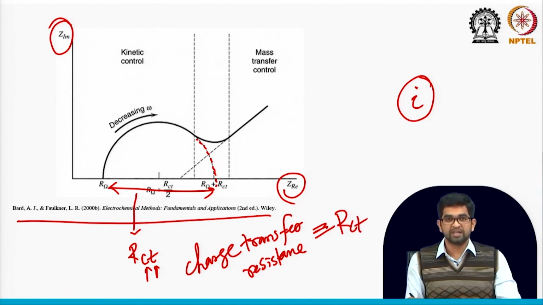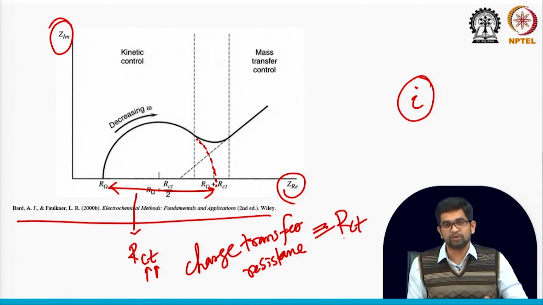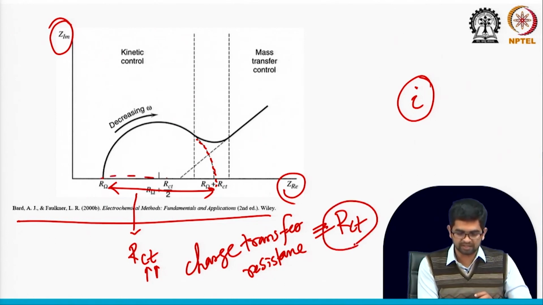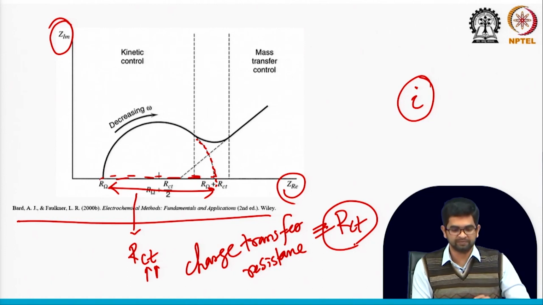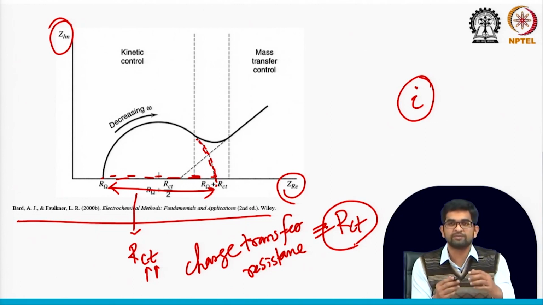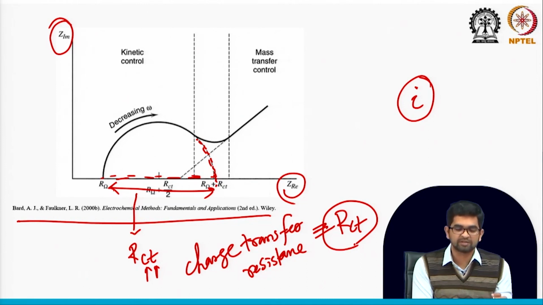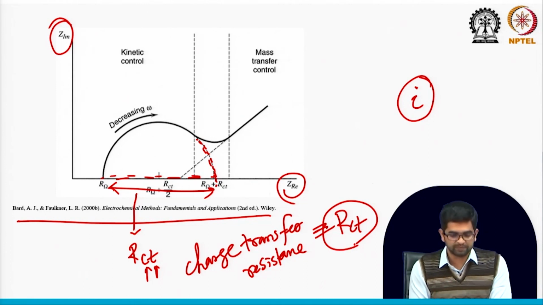In the next few slides I will always say that the RCT value will increase or the RCT value will decrease. This RCT is nothing but the semicircle region. You can say we measure the full radius of this semicircle, then see how much value we get. This corresponds to your impedance value.